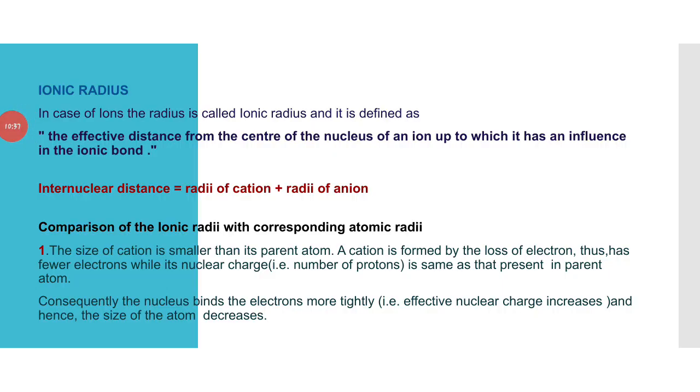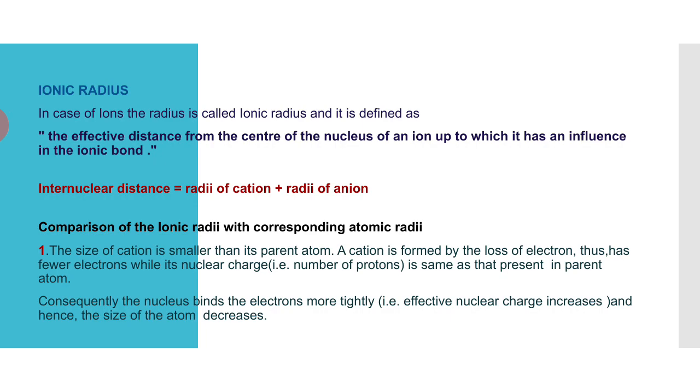Second, ionic radius. In case of ions, the radius is called ionic radius and it is defined as the effective distance from the center of the nucleus of an ion up to which it has an influence in the ionic bond.